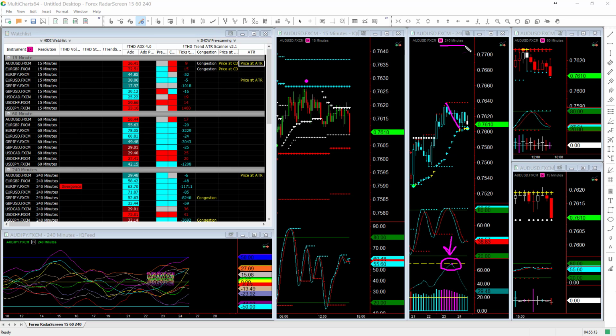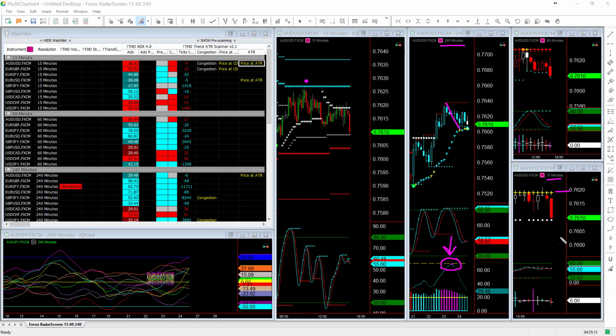This is on a 240-minute chart. We have a trade set up that if the 15-minute flips the ATR, goes back and tests the ATR, and the ATR acts as resistance, then we can take a trade.